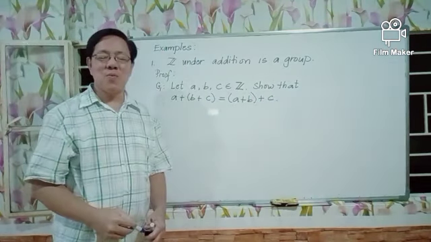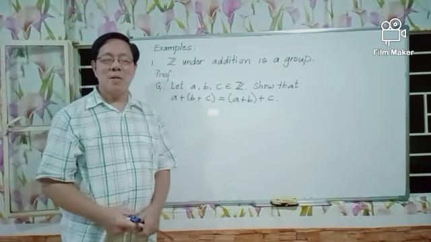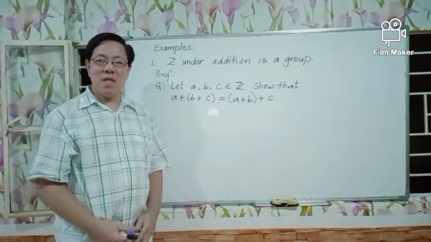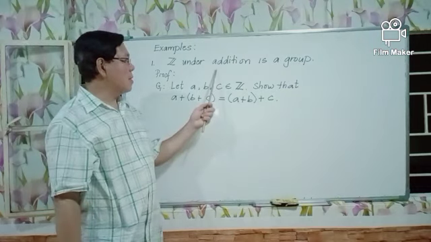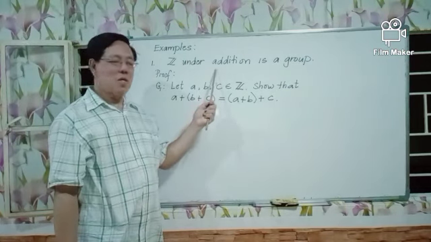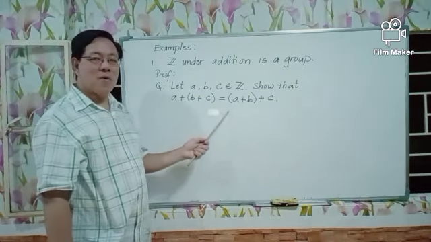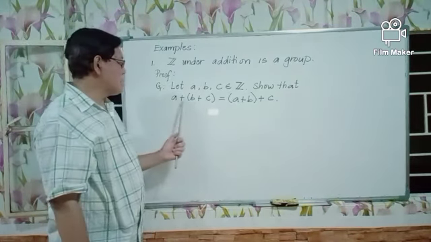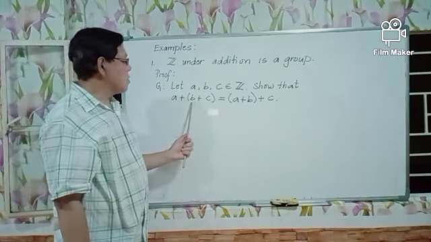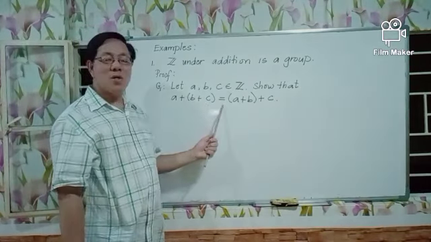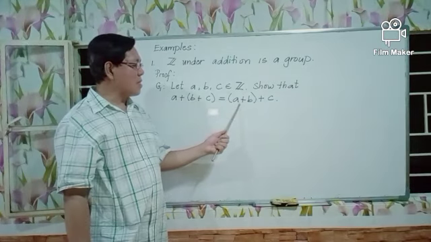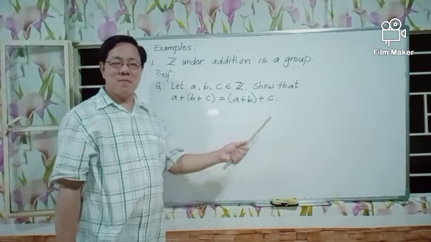In the definition of group we had earlier, the binary operation star is now the binary operation addition, denoted by the symbol plus. So for associative property, we must show that a plus quantity b plus c is equal to quantity a plus b plus c.